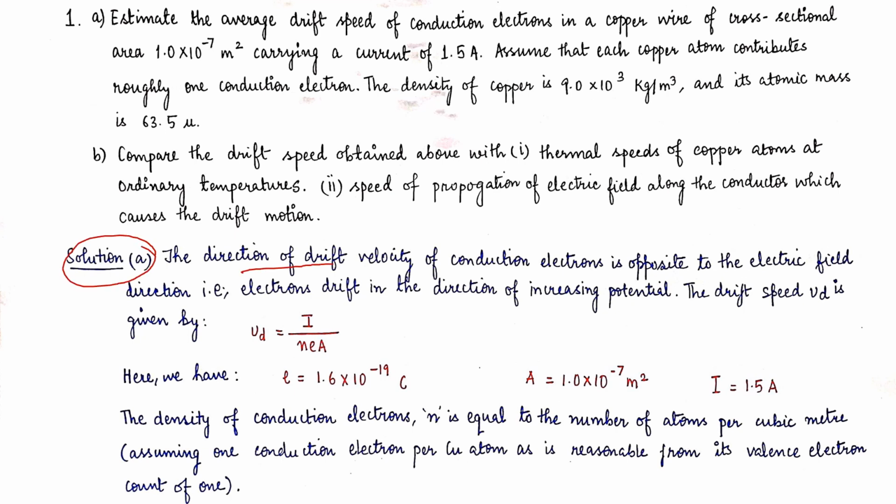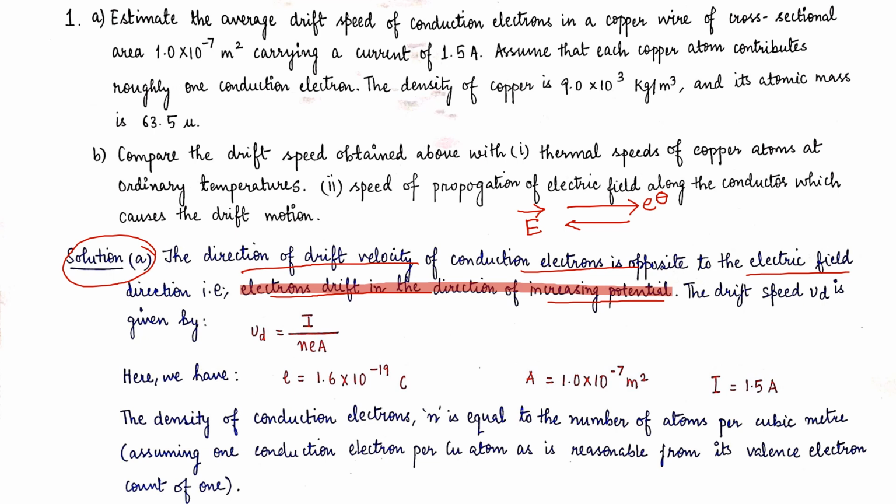The direction of drift velocity of conduction electrons is opposite to the electric field. If electrons are flowing in this direction, the electric field will be in this direction. That is what we have read so far in our lectures also, that is, electrons drift in the direction of increasing potential.